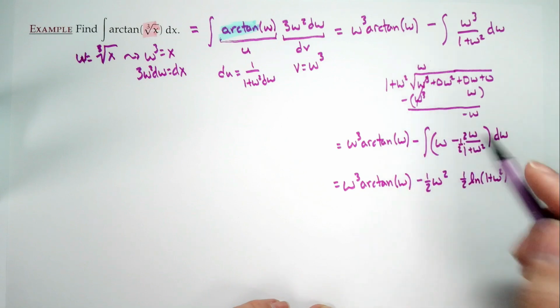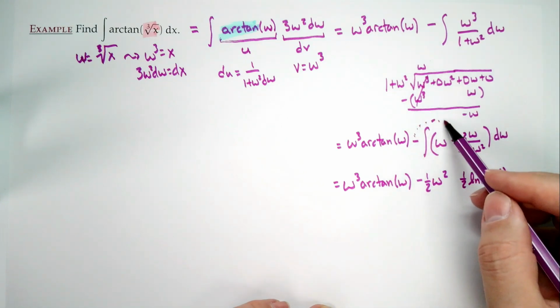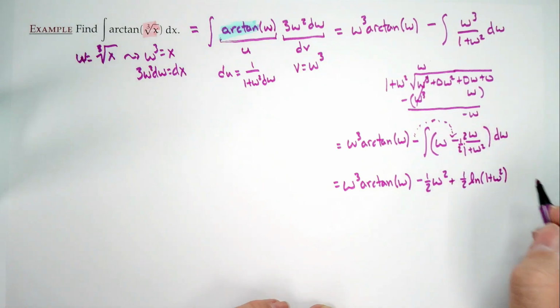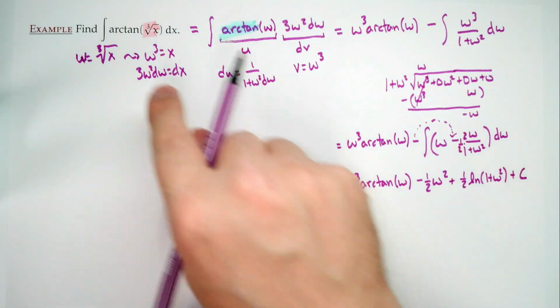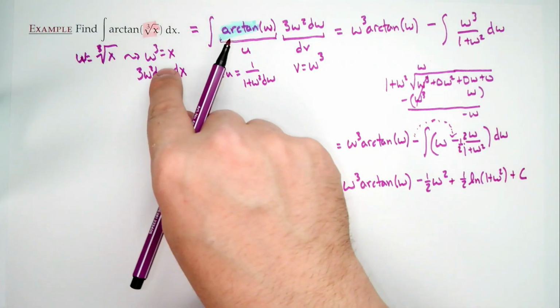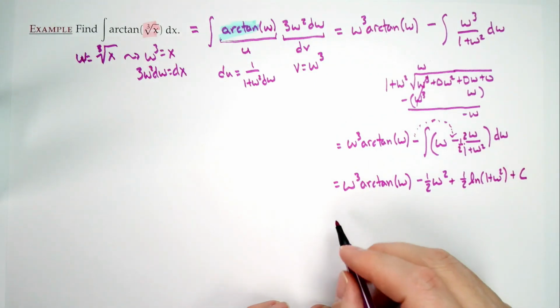Okay, let's be careful with the sign. This minus sign is going to go all the way through, so it's going to be a plus, and then of course plus c. And finally, we go back and say, what is w? Well, w is the cube root of x, w cubed equals x.